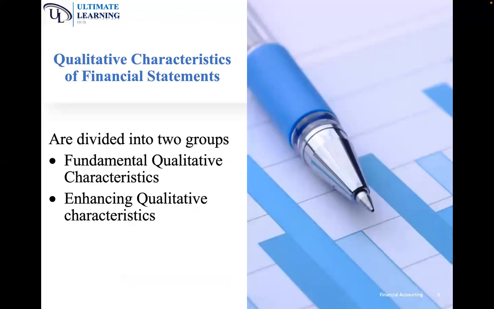Now, the second scope item in the conceptual framework, number one was objectives of financial statements. Number two is qualitative characteristics of financial statements. Qualitative characteristics are the qualities, the features that financial statements must possess, so that we can conclude that these financial statements are good or they have been prepared in order.